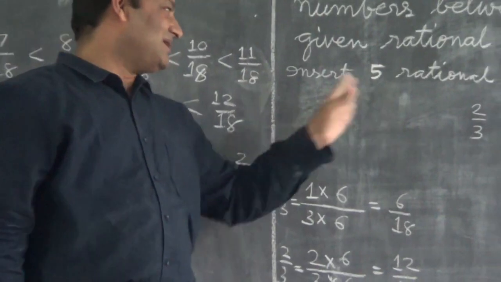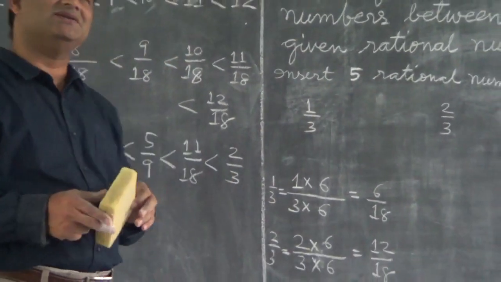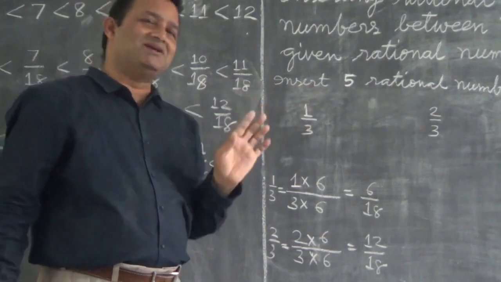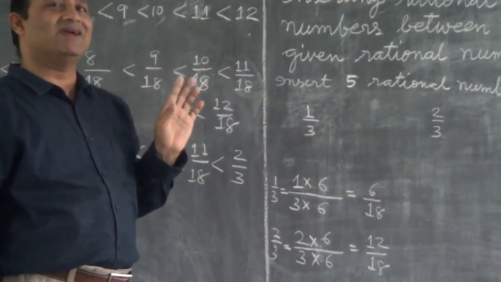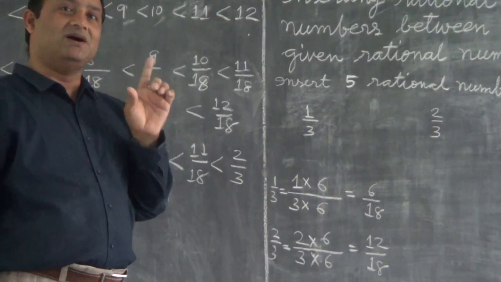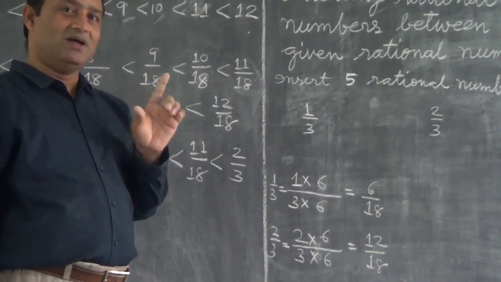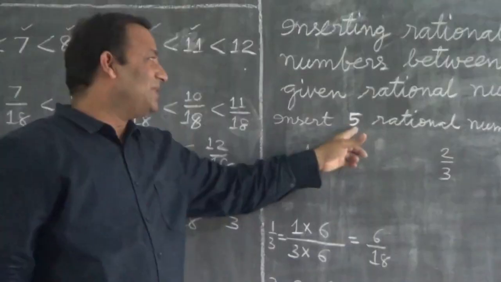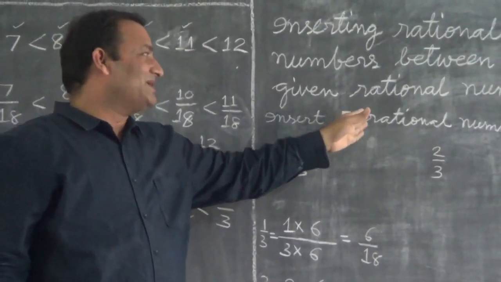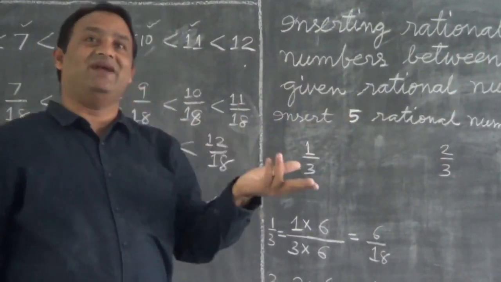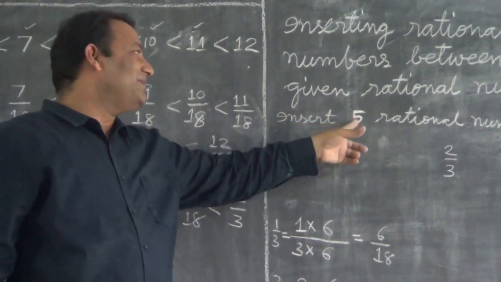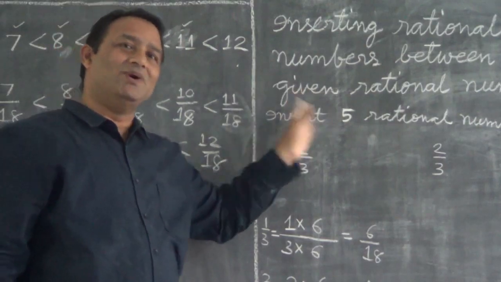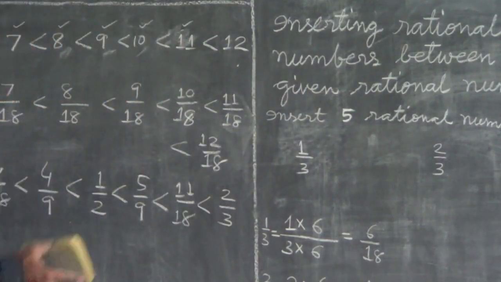If denominators are same in both the numbers, then multiply both the numerators and denominators in both the cases by n plus 1. N stands for the number of rational numbers to be inserted. So in this case, n value is 5. I will give you one more example now.